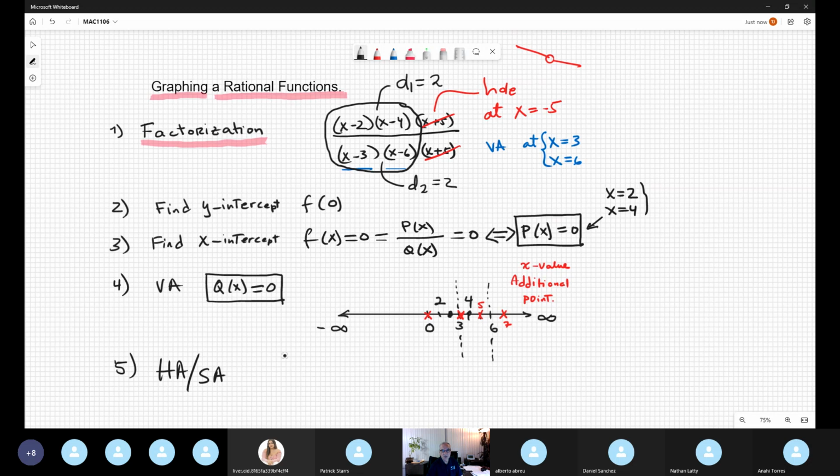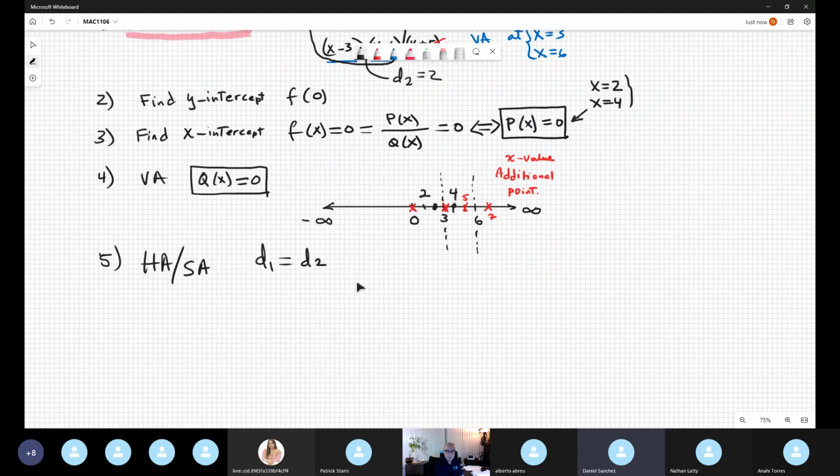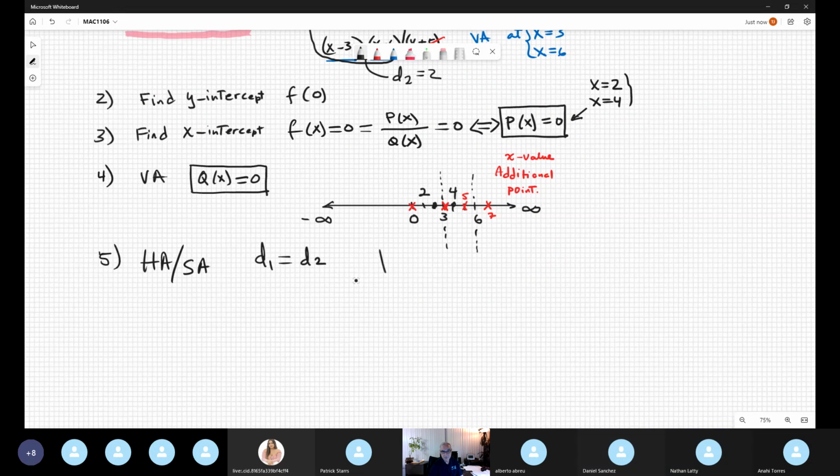So we have 2x, x squared, and you have x squared. Wow, so I see it's the same degree, so d1 equal d2. Do you see or no? So what is the conclusion? We have horizontal or slant? Horizontal.